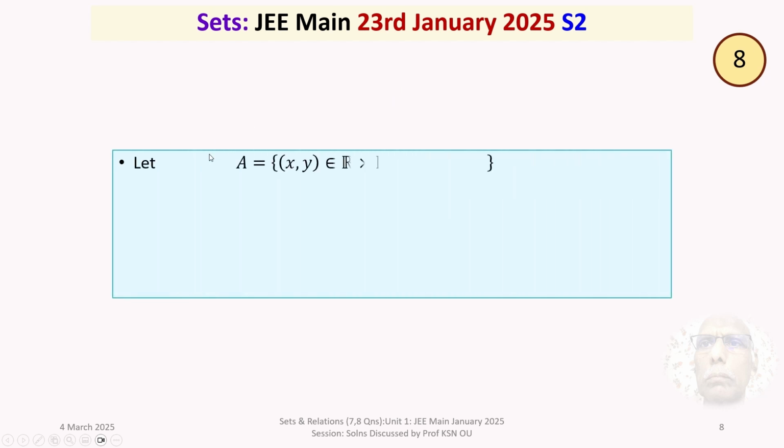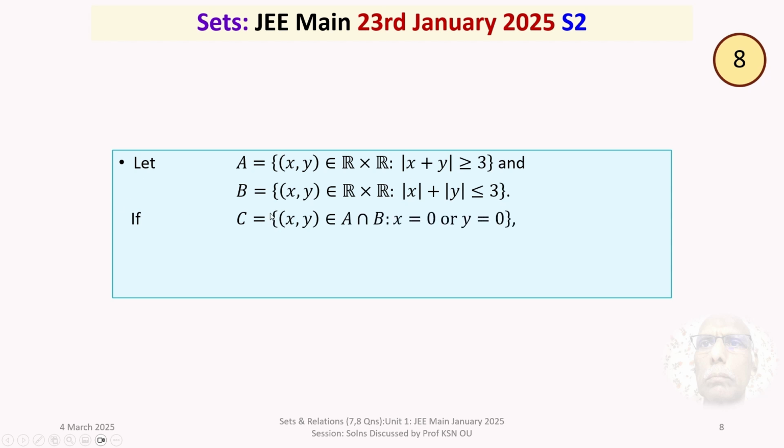The given question is, let A be the set of all ordered pairs (x, y) belonging to R cross R, satisfying |x + y| greater than or equal to 3, and B is the set of all ordered pairs (x, y) belonging to R cross R, satisfying |x| + |y| less than or equal to 3.